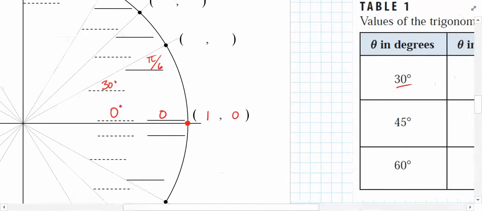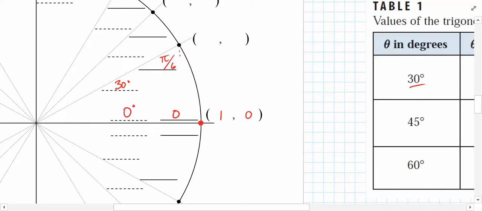And as far as the point goes, now remember, this is forming a right triangle, and this position is the x and y value of this point. X would be the horizontal measurement of that triangle. Y would be the vertical measurement of that triangle. And x is the adjacent side of the triangle's angle, while y is the opposite side.